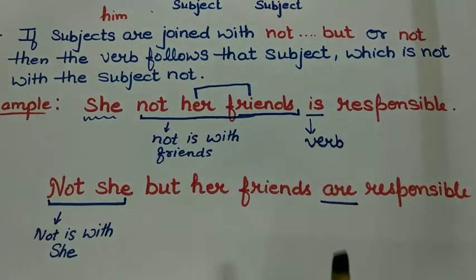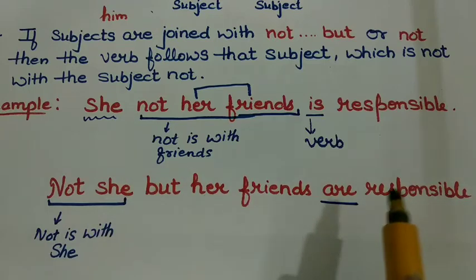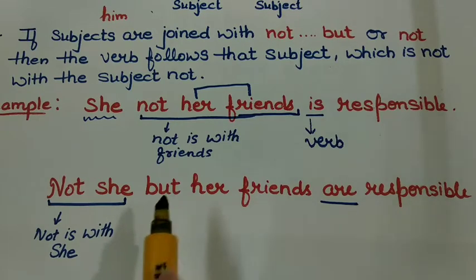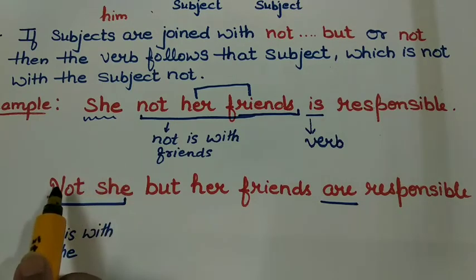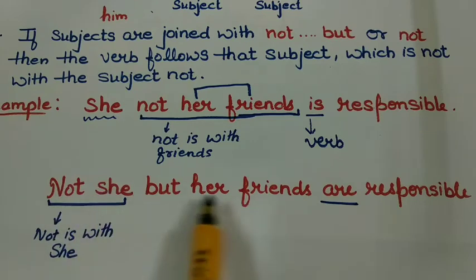I'll show you one more example so that this becomes very clear. See here, not she but her friends are responsible. In this example, we have used not with she, right? So we have to use our verb according to that subject with which there is no not. Here we have not with she, and there is no not with friends.